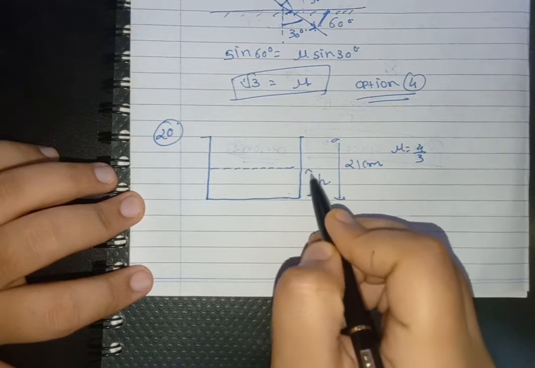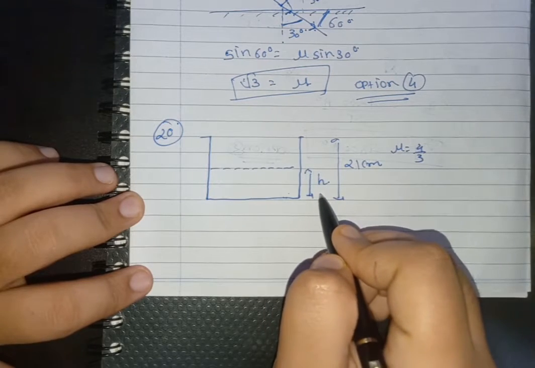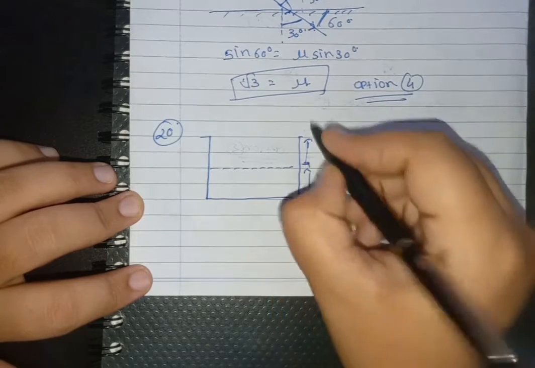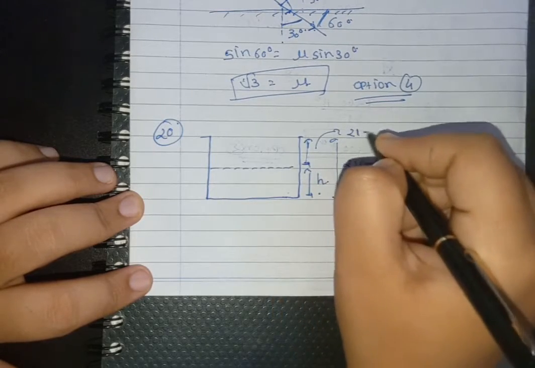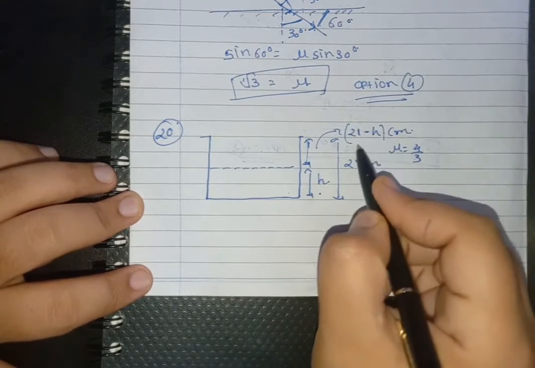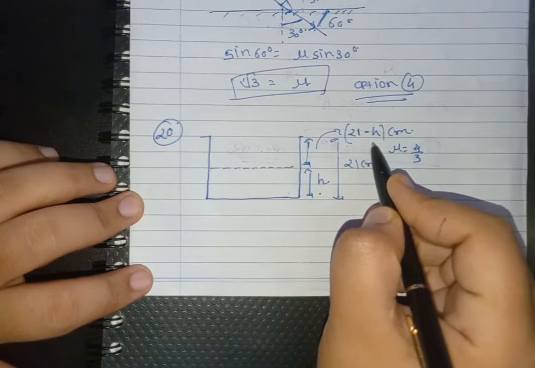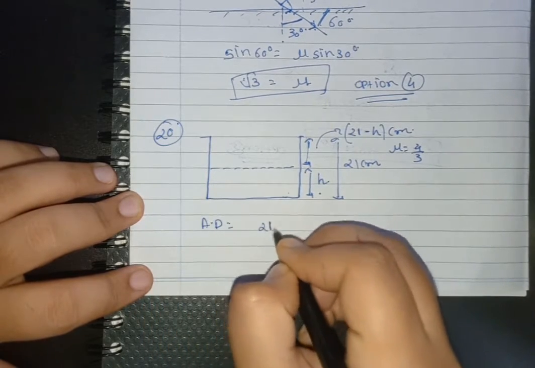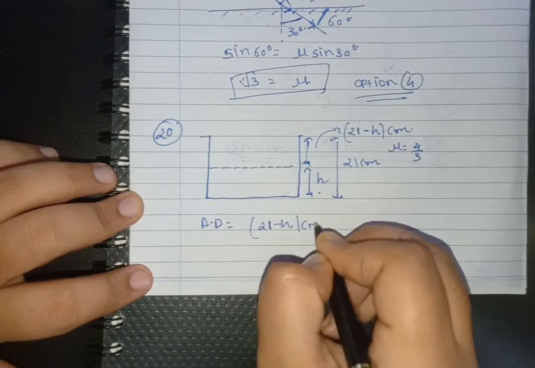If it is filled up to h height, then the remaining part will be 21 minus h centimeter. The same length should appear to be filled, so apparent depth will also be 21 minus h centimeter.